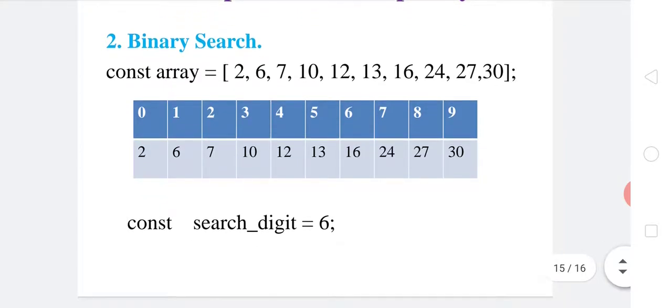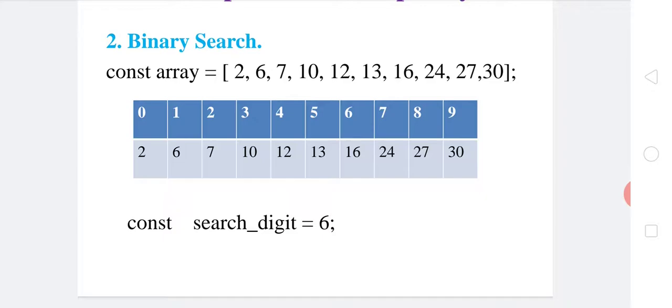All array elements are placed in contiguous memory locations, with index starting from 0 to 9. Now here the search element is 6. As we saw in the previous example, the search value is every time compared with the mid value. First we need to calculate the mid value.